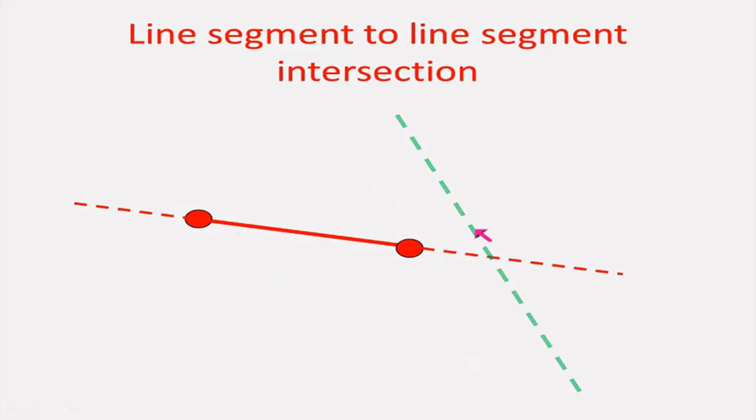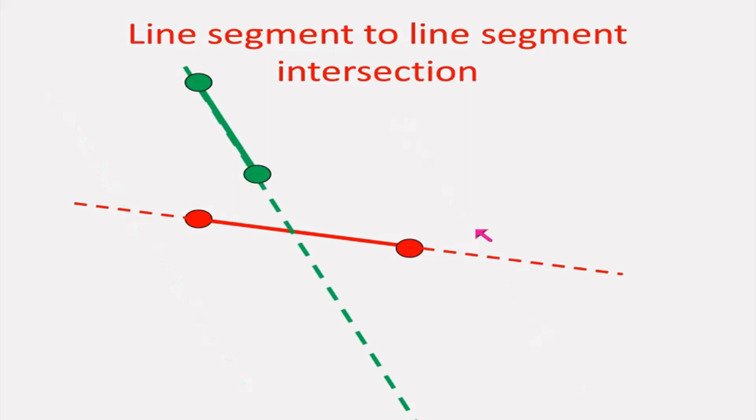The two red points must be on opposite sides of the green line. This is a necessary but not sufficient condition because the green line segment can still be completely on one side with respect to the red line. Clearly, the two green points must also be on the opposite sides of the red line. However, when both conditions are met, intersection is inevitable.